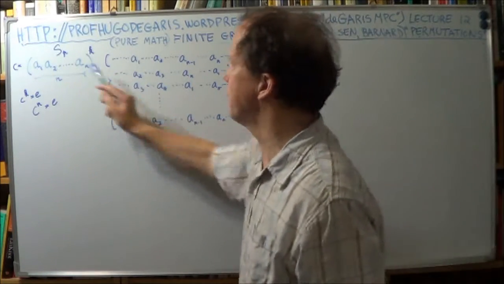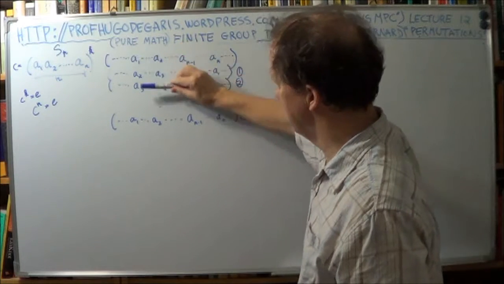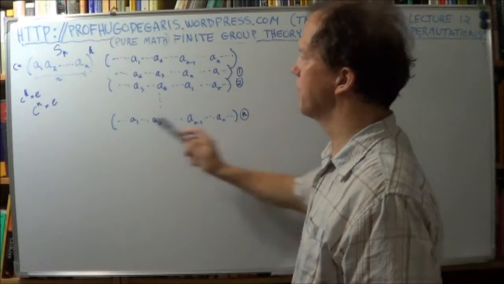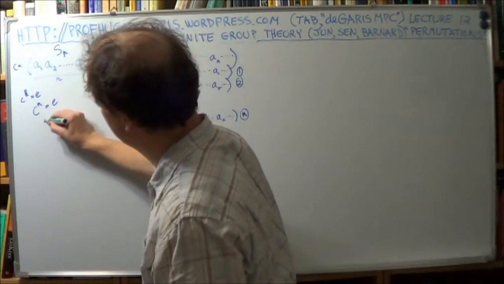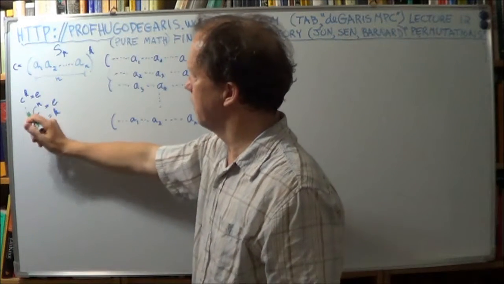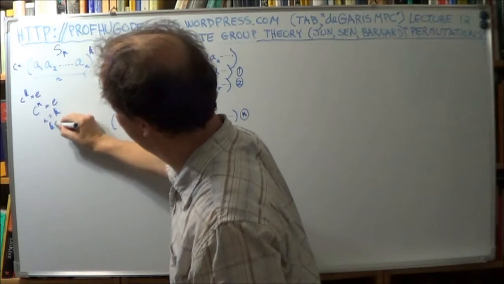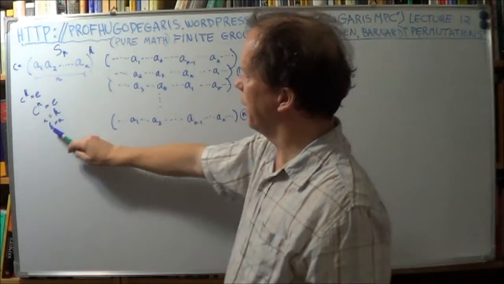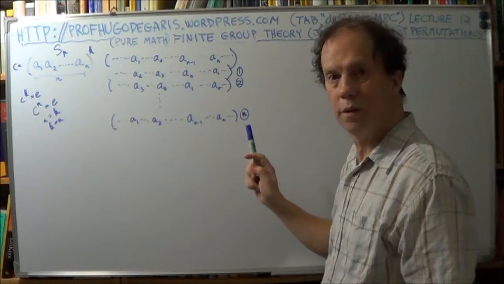I have to apply this n times to take me from here until it's eventually the same again. So c to the n equals e. And that implies that n equals k. Right? Or if you like, k equals n, because when k is equal to n, I get the unit element, right?